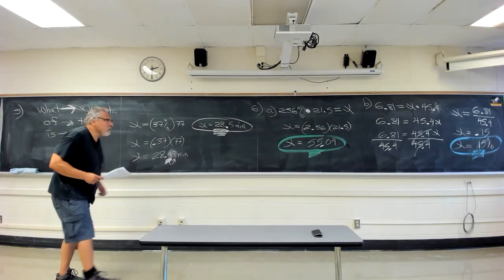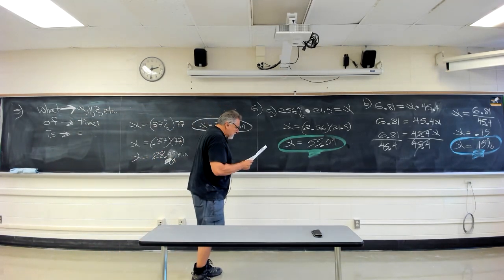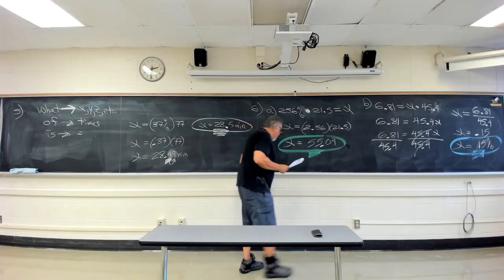So there you go. We got it. We're looking good here, guys. So that's 6. Let's go onward. 7, 8, 9, 10.